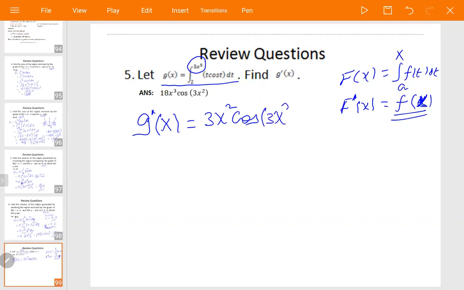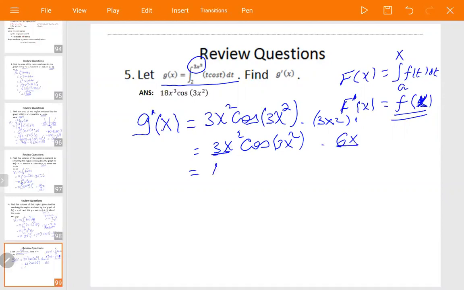Using the chain rule, I have to multiply this by the derivative of 3x squared, which is 6x. So multiplying the coefficients, you'll have 18x cubed cosine of 3x squared. This is the derivative of our function.